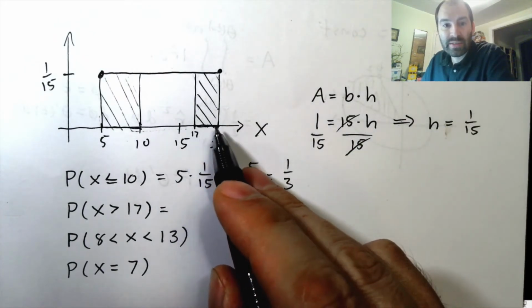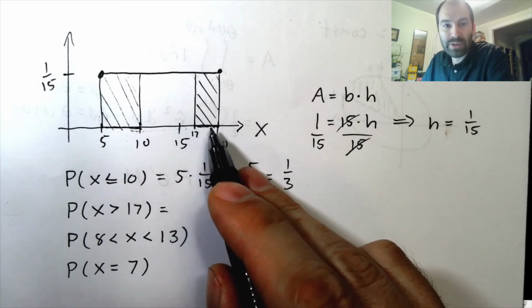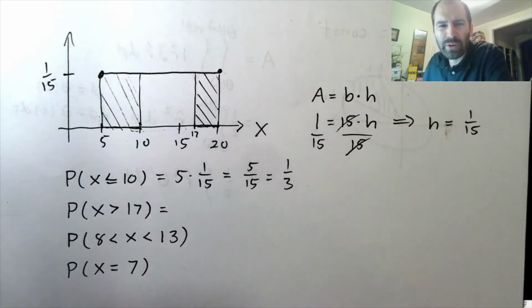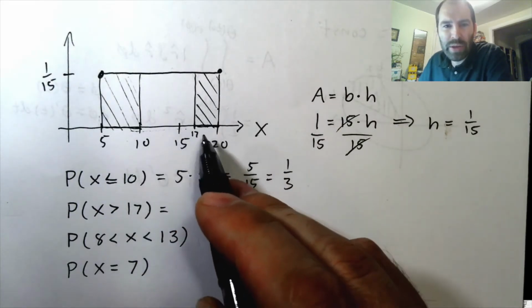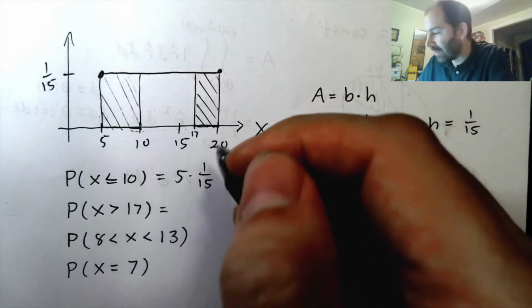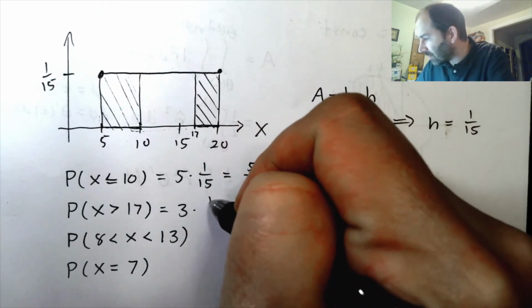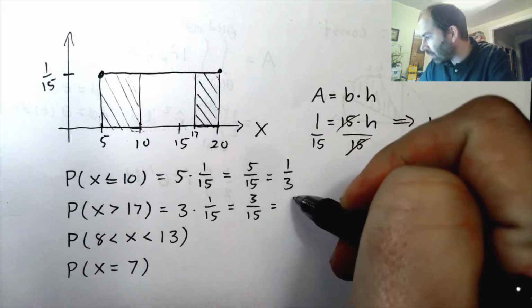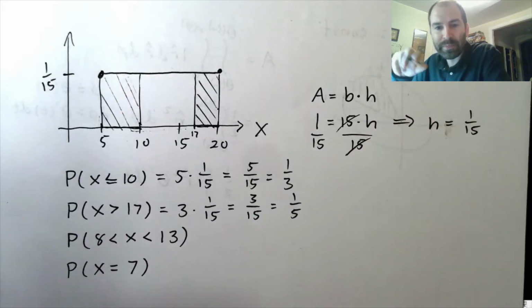What's the base? How far do I have to go to get from 17 to 20? 3 units. Or more analytically, 20 minus 17 is 3, times 1 out of 15. That's 3 out of 15, which simplifies to 1/5. So the probability is 1/5.